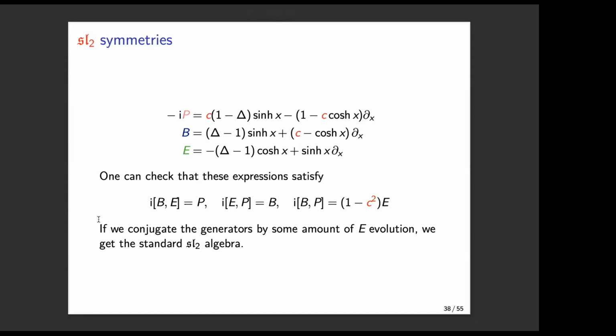And what's interesting is that the only modification is the factor of 1 minus c squared multiplying E, which can be reabsorbed into the definition of E. This factor of 1 minus c squared is an important thing. So c, remember, is related to the length of the wormhole, and that is being held fixed.